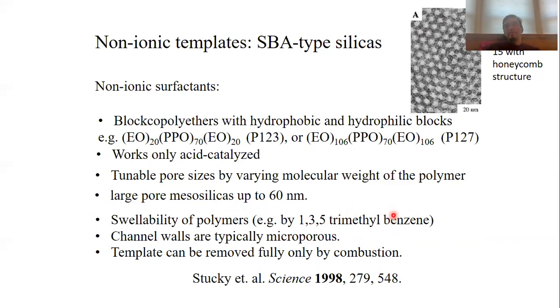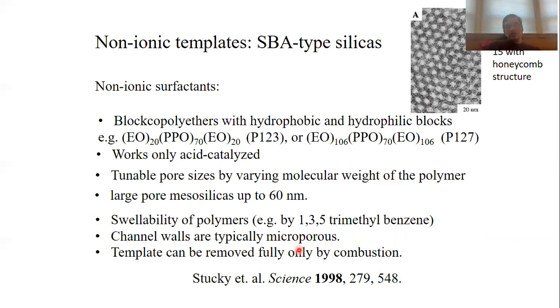That's because when we add such a molecule to the solution, due to its hydrophobicity, it will go into the hydrophobic core of the micelle, and thereby it will actually swell the hydrophobic core of the micelle. So that means that the micelle becomes even larger, and that in turn means that the resulting pore will have a larger diameter.